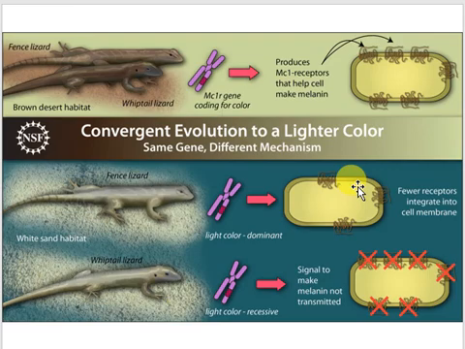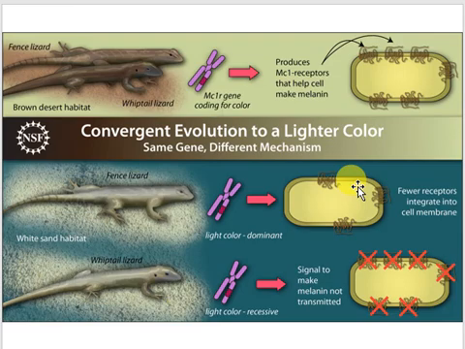In whiptail lizards, it's the same gene that's mutated, but in order to have that light coloration, the mutation is actually recessive, meaning for that light color in your whiptail lizards, you need two copies of the gene. And the mechanism by which that operates is different from what happens with the white fence lizard. With the white whiptail, having two copies of the mutated gene doesn't affect the number of receptors integrated into cell membranes.